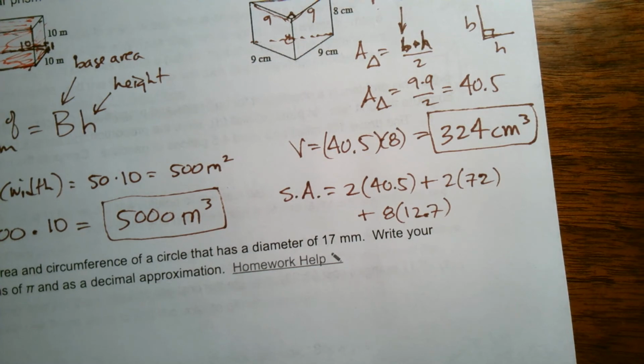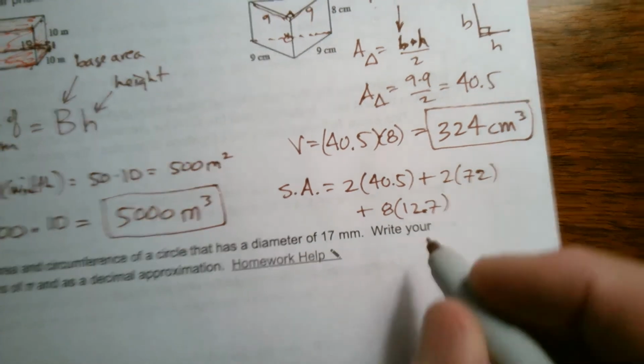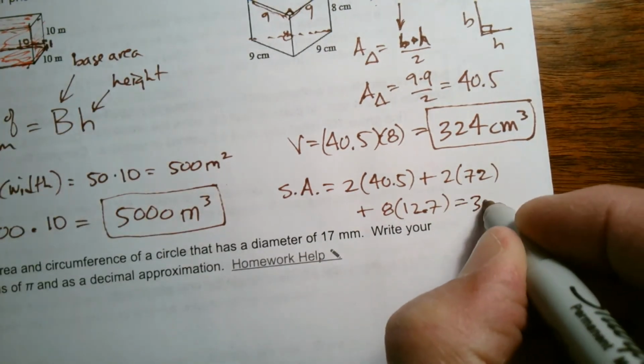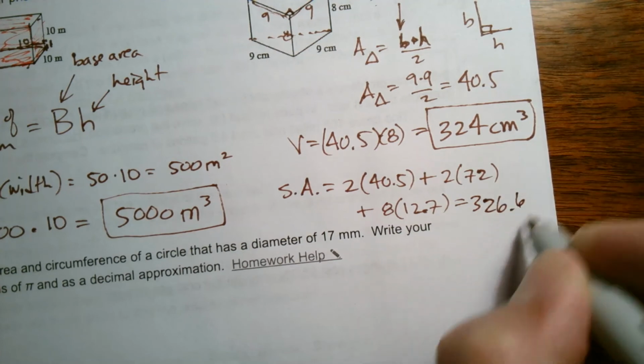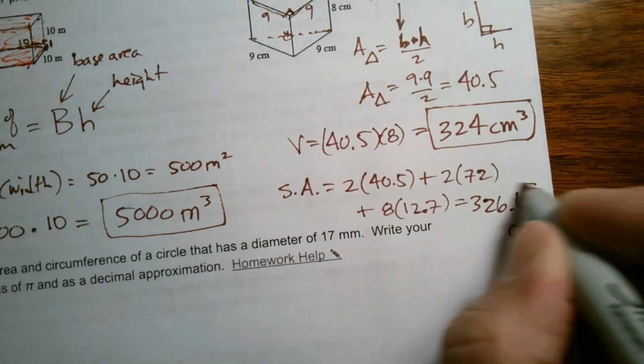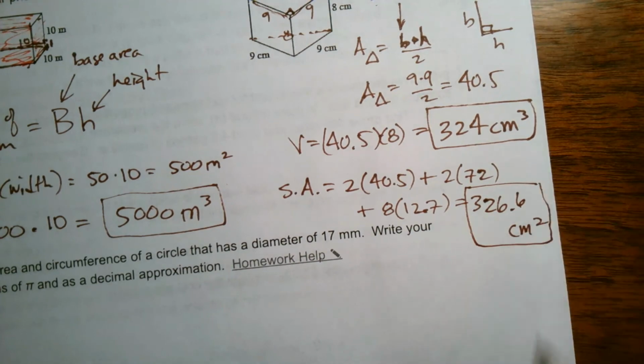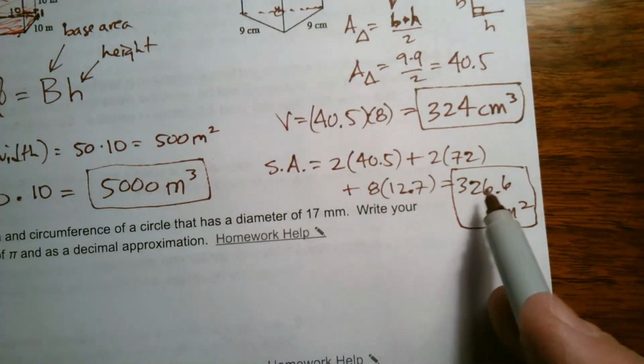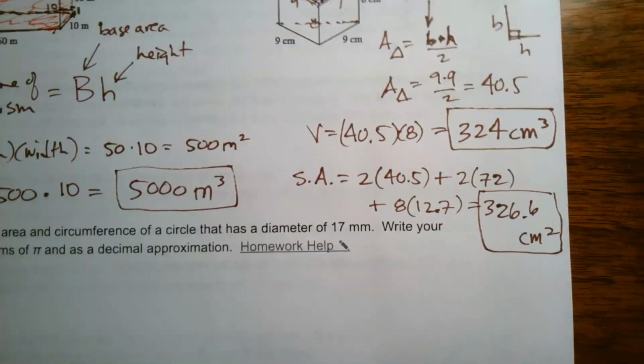Let's see what I get here. Looks like 326.6, and this is squared centimeters. So my surface area is 326 and 6/10 centimeters squared.